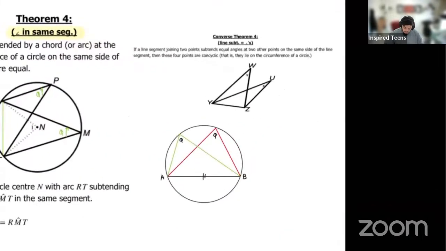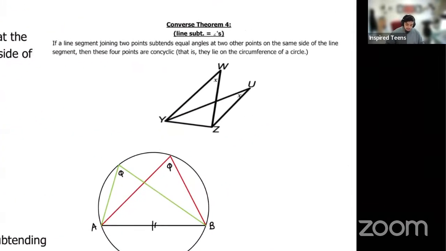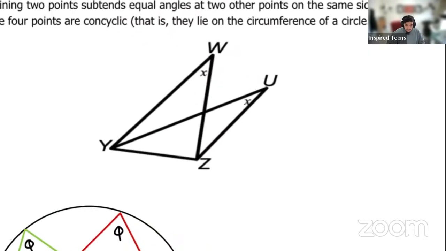And then the converse of it: if a line segment joining 2 points subtends equal angles at other 2 points on the same side of the line segment, these 4 points are concyclic. So basically it's the converse.